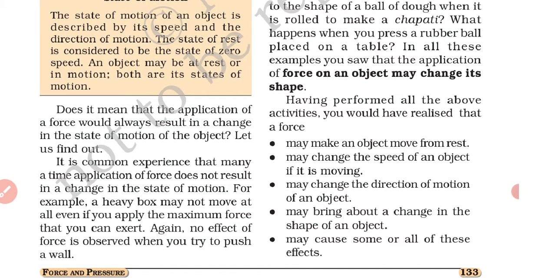Similarly, a force may change the speed of an object if it is moving, and a force may change the direction of motion of an object. Then again a force may bring about a change in the shape of an object, which we have discussed in today's video.